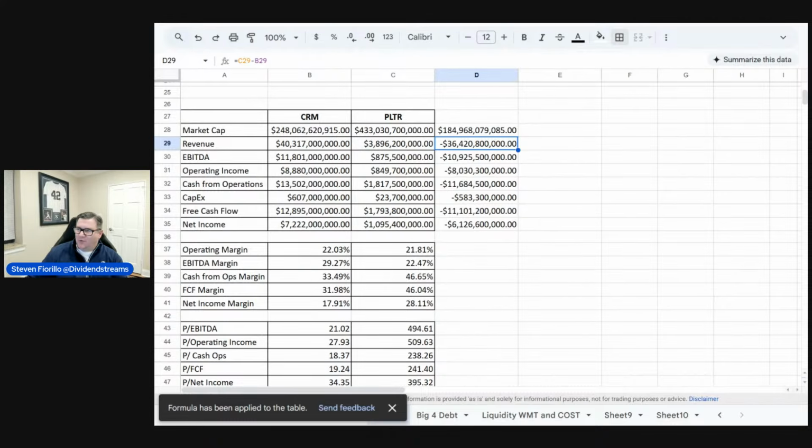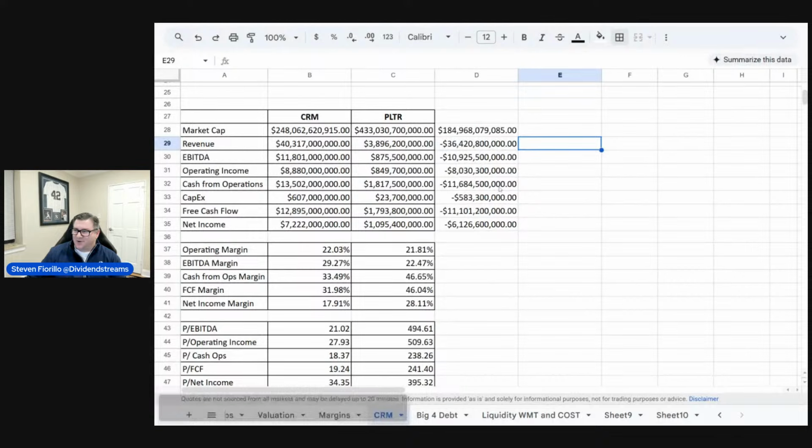Yet they do 36 billion less revenue, 11 billion less EBITDA, 11.5 billion less from cash from operations, 11 billion less in free cash flow, and 6 billion less in net income. I'm sorry, that doesn't make sense.